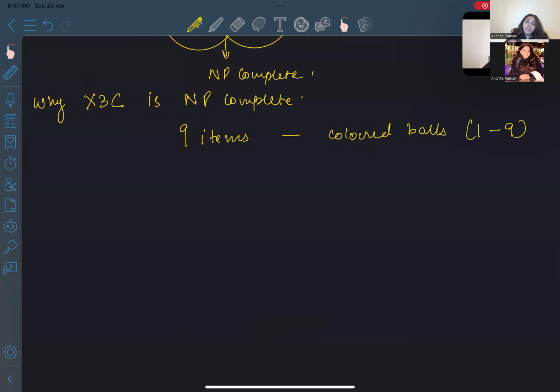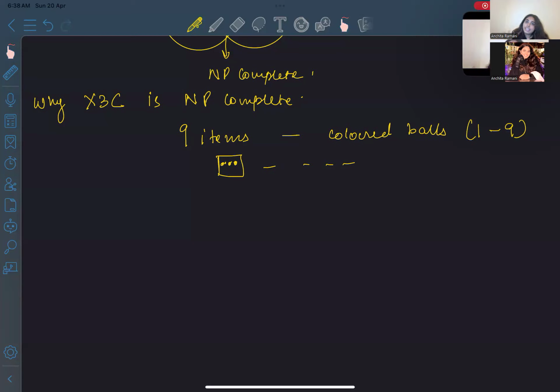Now you're given a bunch of boxes, and each box holds exactly 3 balls.